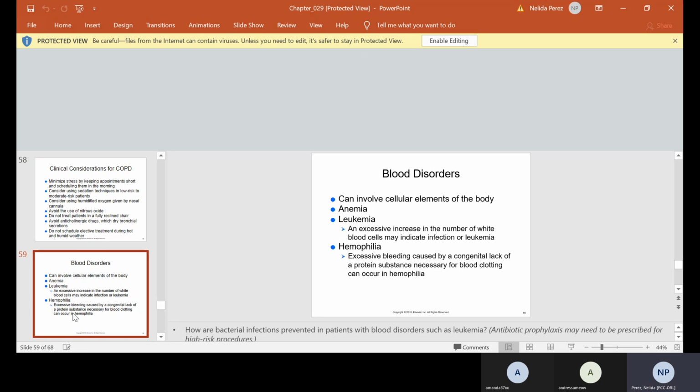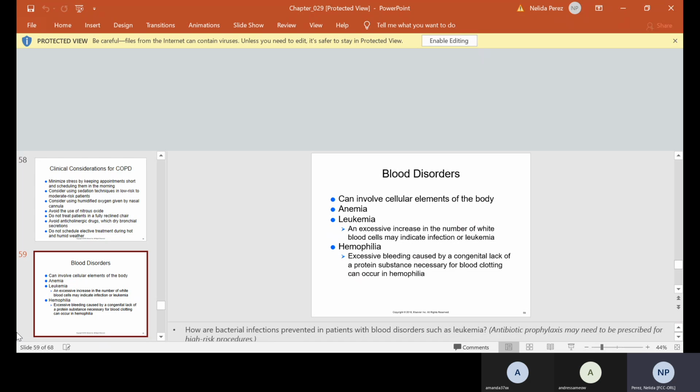Blood disorders can involve cellular elements of the body, anemia, leukemia, which is an excessive increase in the number of white blood cells, may indicate infection or leukemia. Hemophilia, excessive bleeding caused by a congenital lack of a protein substance necessary for blood clotting, can occur in hemophilia.